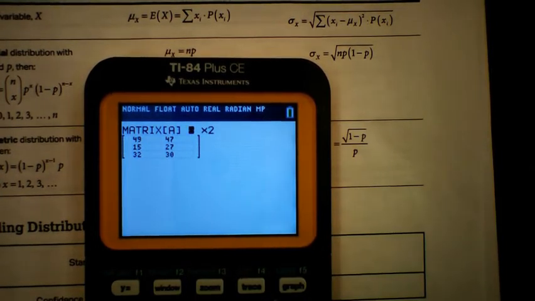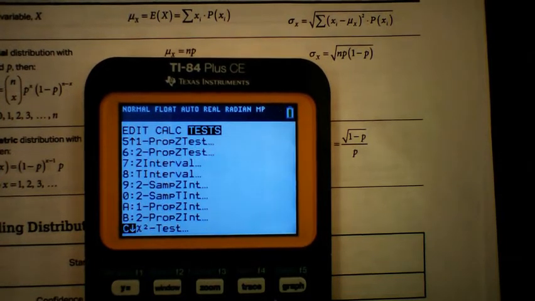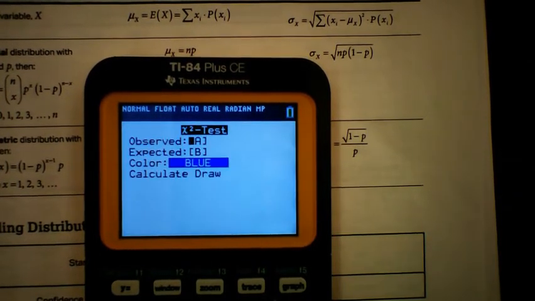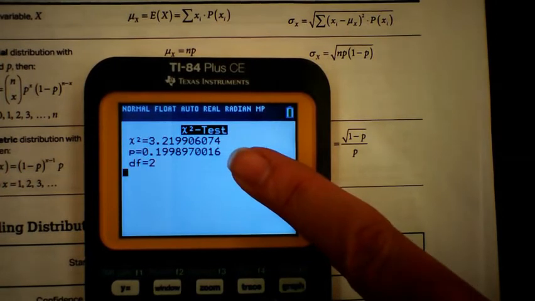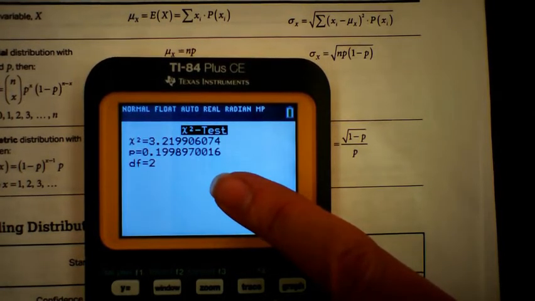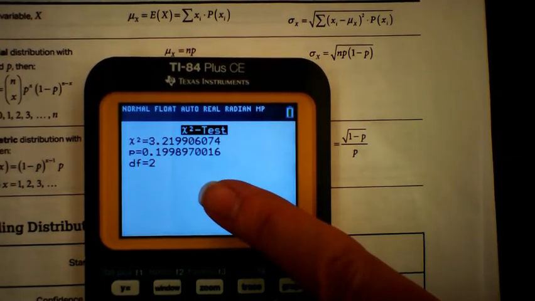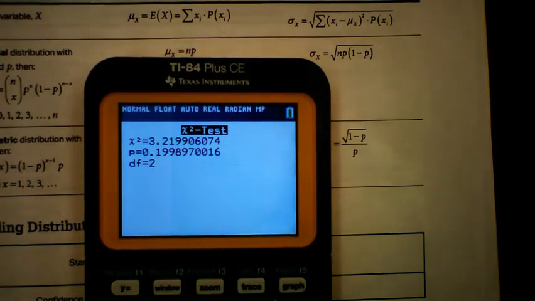I'm going to hit stat test, go down to the chi-squared test, where I will then run the test, calculate it, and there's my chi-squared, the sum of the chi-squared contributors is just a 3.2199, which is basically 0.200 at 2 degrees of freedom. So that is not resulting in rejection.